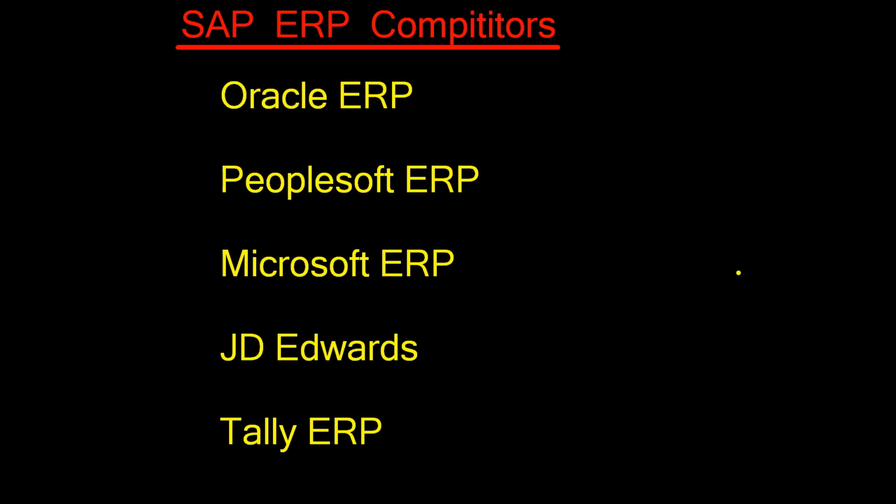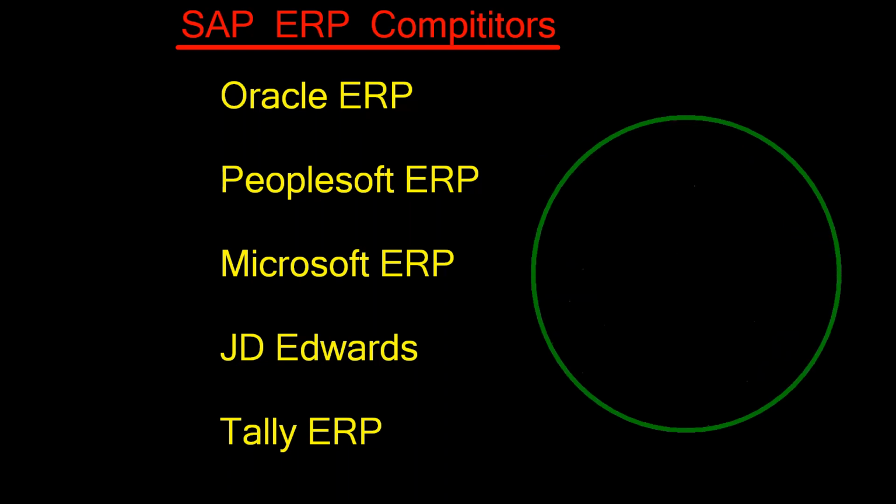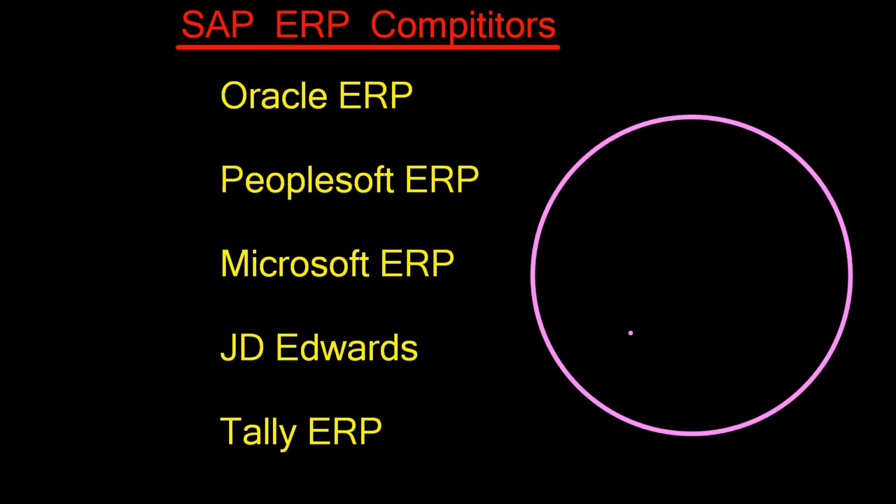SAP ERP competitors: Oracle, PeopleSoft, Microsoft, JD Edwards and Tally. You observe here, only SAP occupied 72% of the market share.